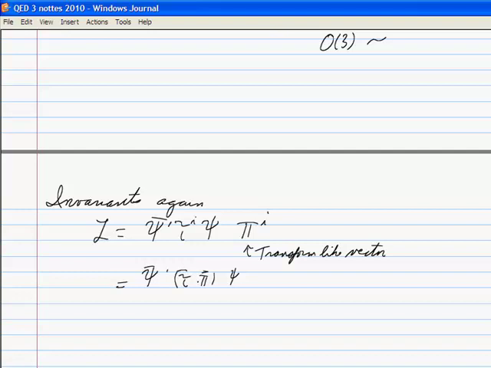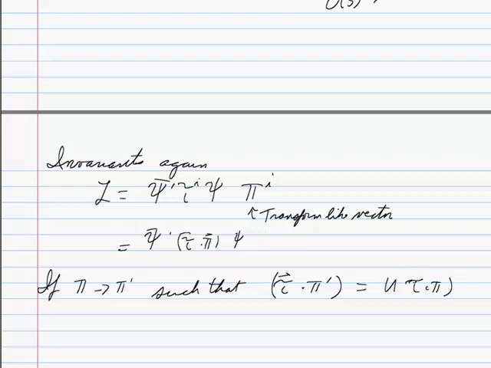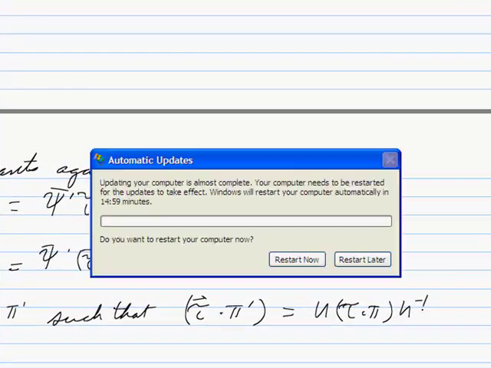And we can see a simpler notation than using that as an O(3) vector by doing the following. If pi goes to pi prime such that tau dot pi prime is U tau dot pi U minus 1, or U dagger.